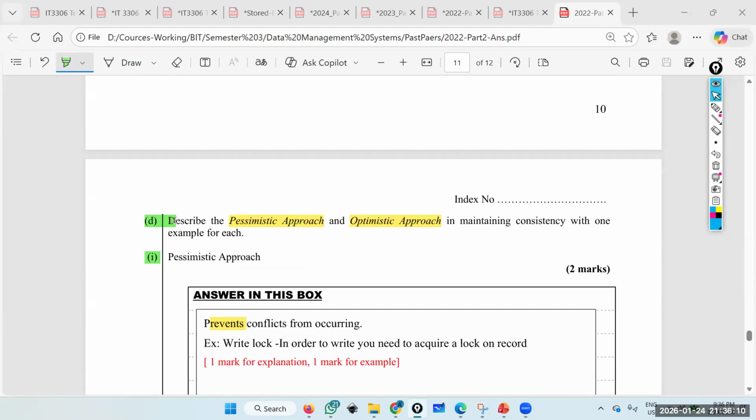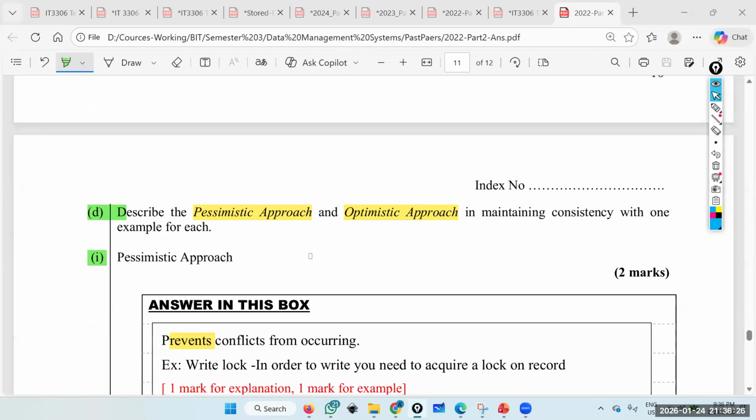Yes. Right. Describe the pessimistic approach and optimistic approach. The pessimistic approach means defensive approach or preventive approach where you try to prevent conflicts. Right? Optimistic approach means you're optimistic, so therefore let the issues happen, but you detect the issues and fix it, take actions.